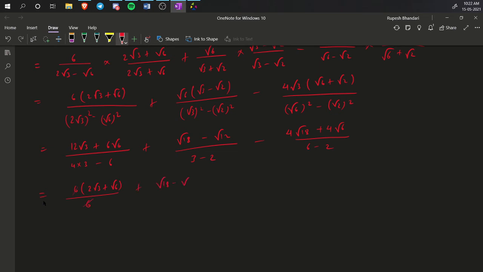So under root 18 minus under root 12 minus 4 will be common, 18 plus under root 6, 4, and then after that 2 under root 3 plus under root 6 plus under root 18 minus under root 12 minus, what is this, under root 18 minus under root 6.